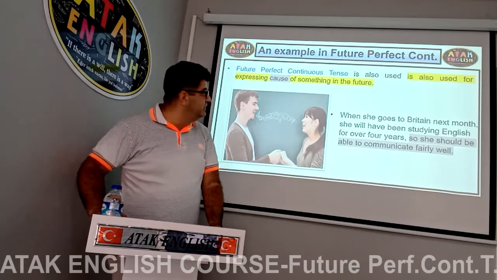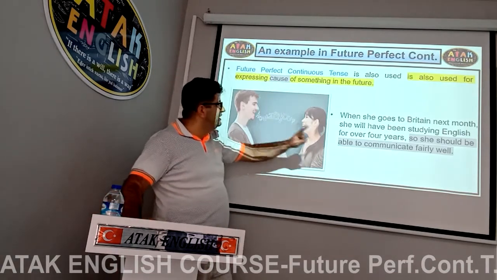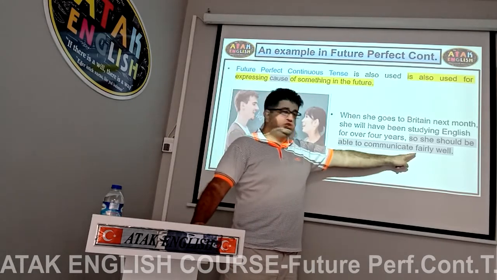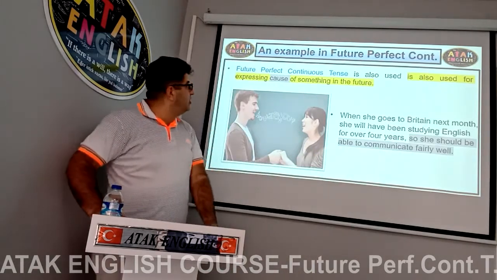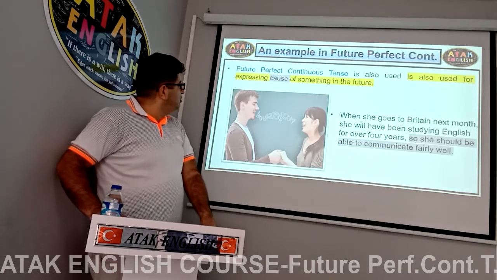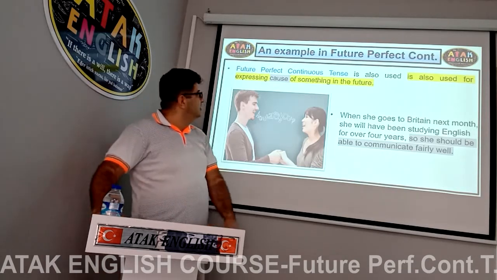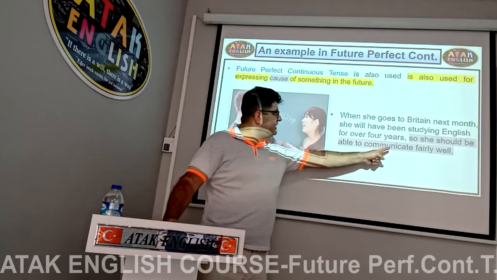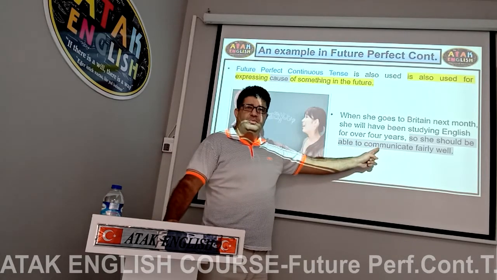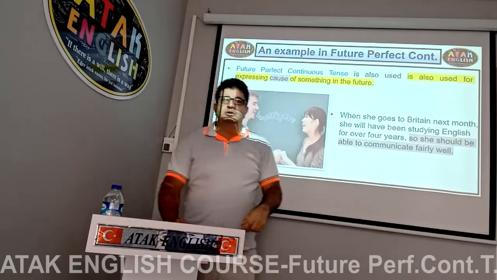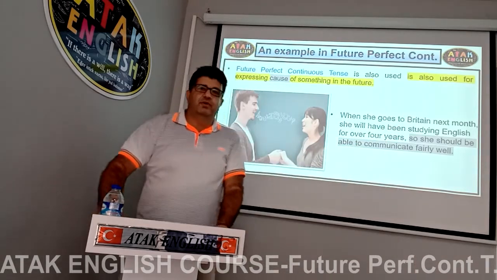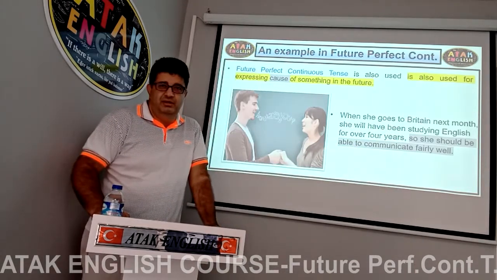Where is the cause here? The cause here is: so she should be able to communicate fairly well. So it is also used for expressing the cause of something in the future. I use future perfect continuous tense for such an action.